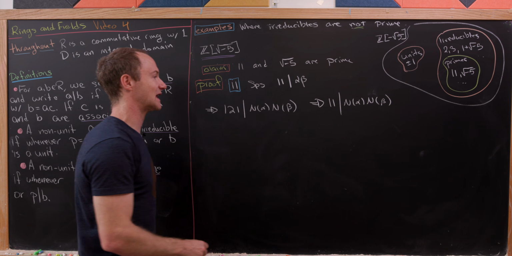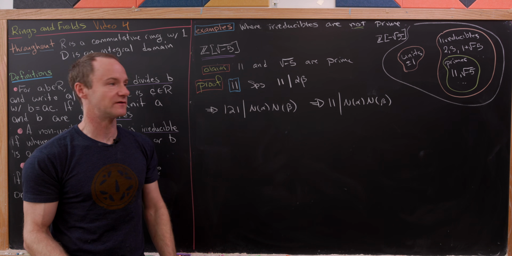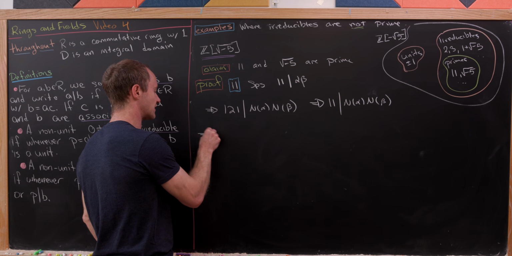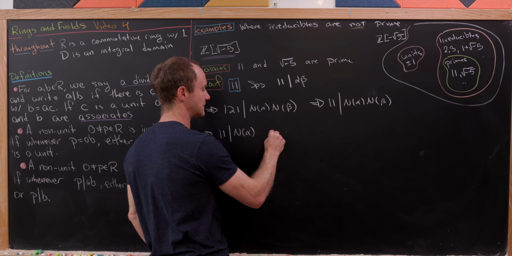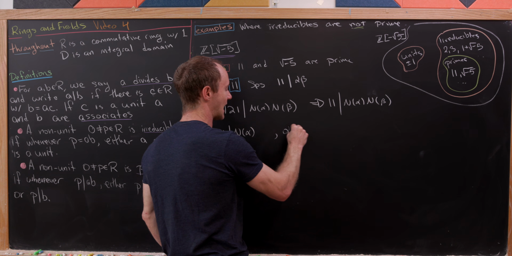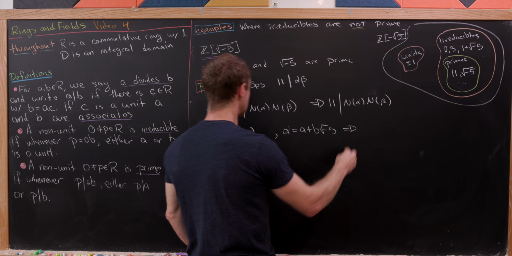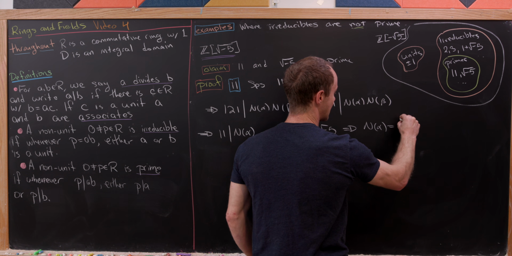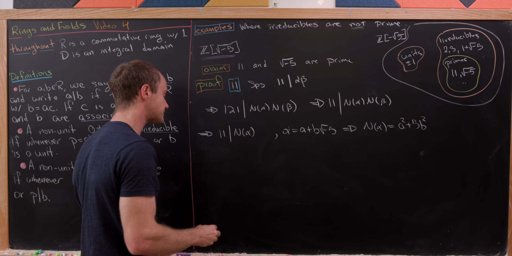So that tells us that 11 divides the norm of alpha, or 11 divides the norm of beta. So without loss of generality, let's say that 11 divides the norm of alpha. And let's just put alpha equal to a plus b root minus 5 at the moment. So that means that the norm of alpha is equal to a squared plus 5 times b squared.